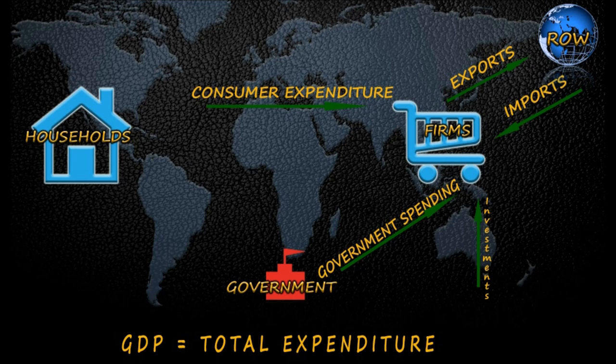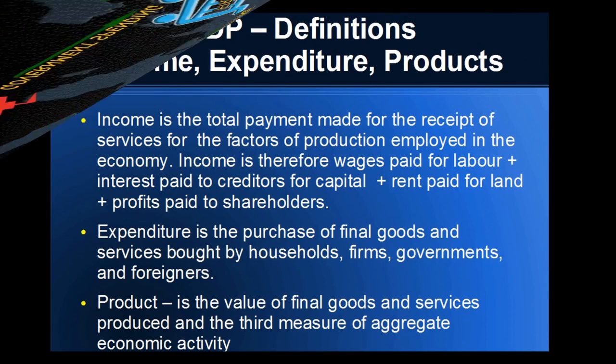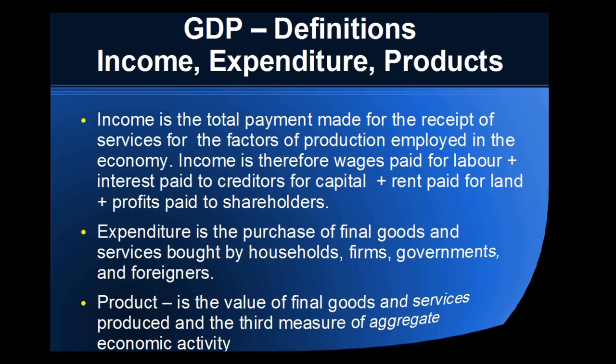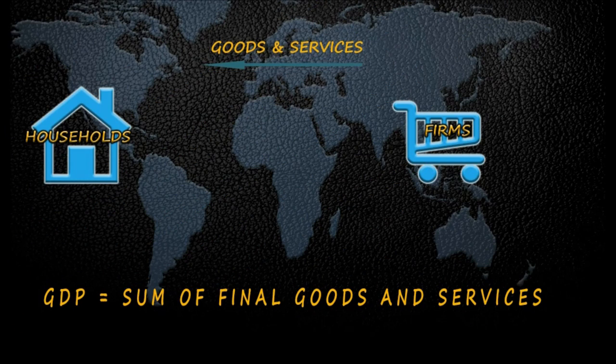We can measure expenditure by calculating the amount spent in a year in an economy as a whole: consumer durable goods, new houses bought by households, buildings bought by firms, plant and equipment, inventory increases, goods and services bought by governments, imports, etc. So expenditure is a second measure of aggregate economic activity, or a second measure of gross domestic product. The final measure of economic activity is by product. So these are the three measures of economic activity: aggregate economic activity or gross domestic product.